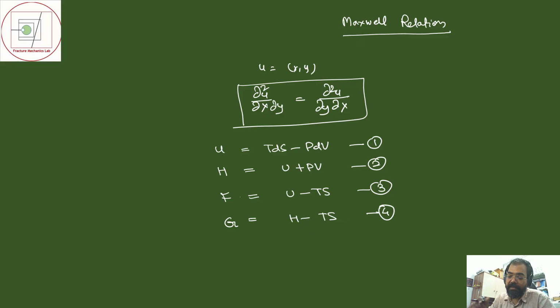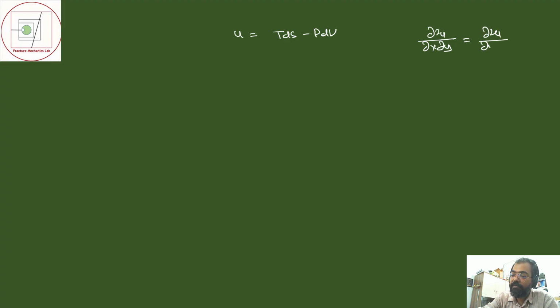So one by one we will go to the Maxwell relations. First let us start with internal energy. Internal energy is TdS minus PdV. We are not talking about dN, so the amount of matter in the system is constant. That is not changing. Using that double derivative identity, del 2u by del x del y must be equal to del 2u by del y del x.